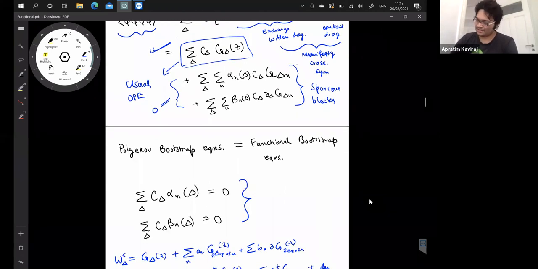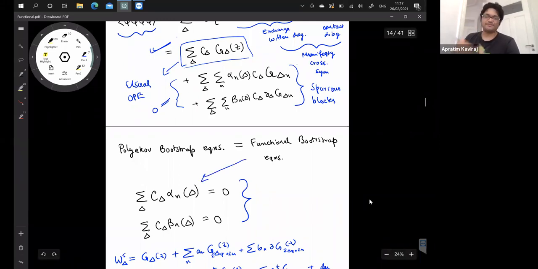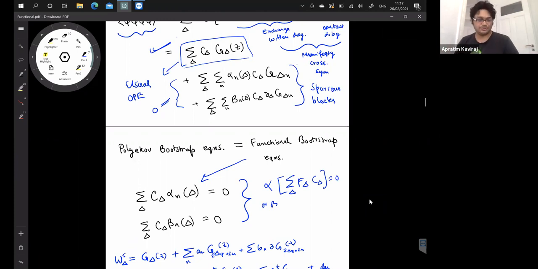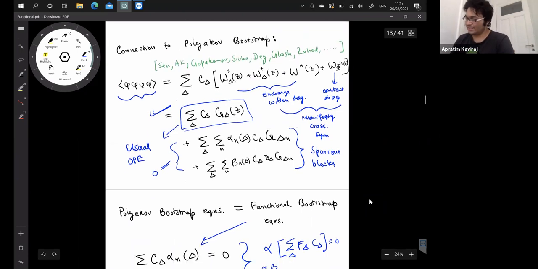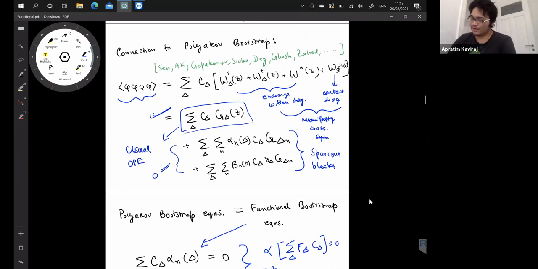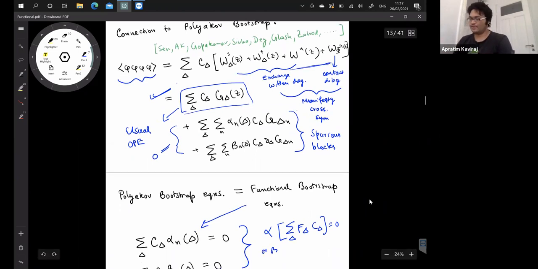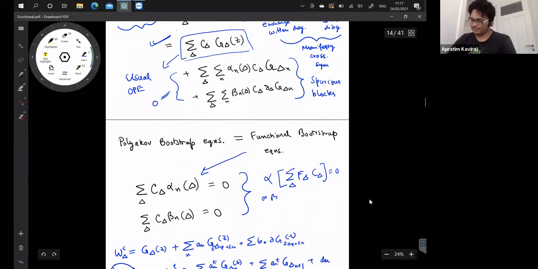You see that the functional Bootstrap equations are just the functionals alphas or betas acting on the Bootstrap vectors C delta equal to 0, and it gives you these equations, and so does the Polyakov Bootstrap. They are equal if you choose the right basis of exchange and contact diagrams. So this is the whole thing.